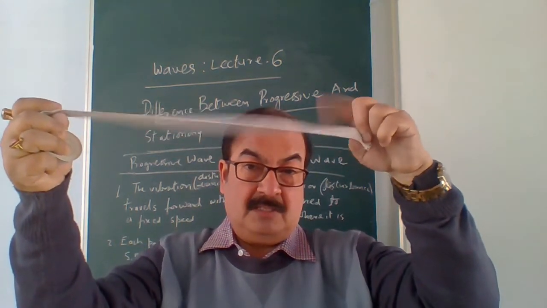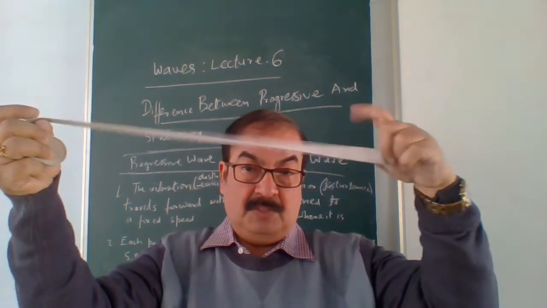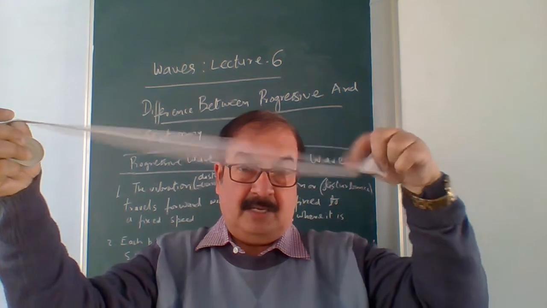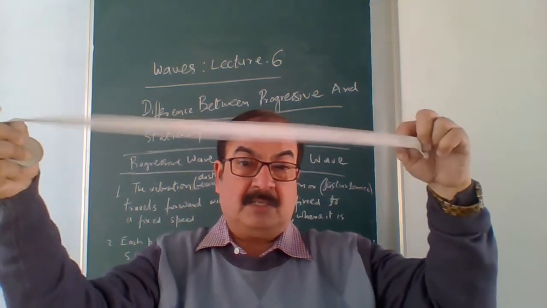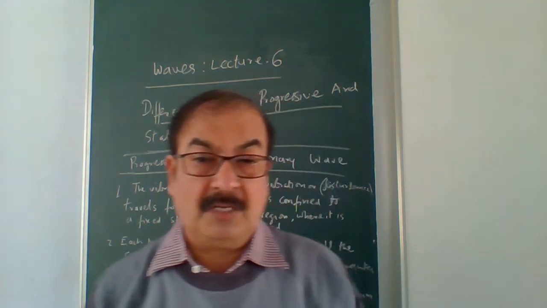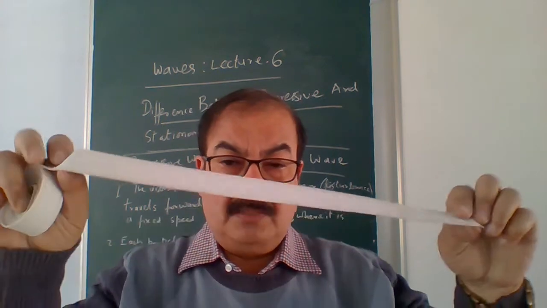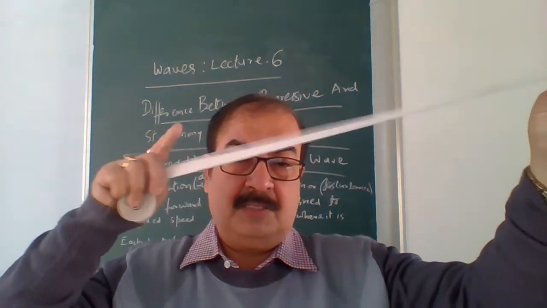You can see that antinodes and nodes are produced with this elastic string, a piece of elastic which we generally use in clothes. Suppose I make one jerk over here.